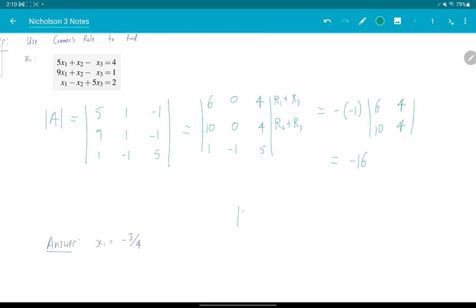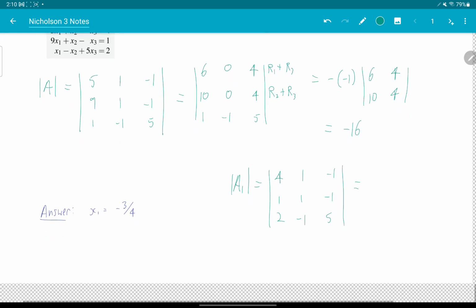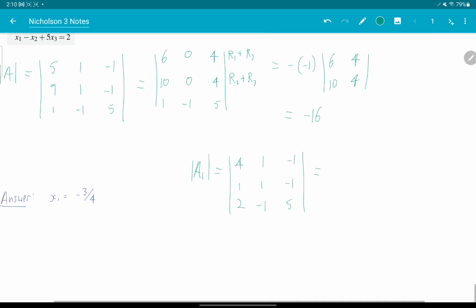And then my A1 is the first column replaced with my B. The other two columns don't change. I'll do the same operations this time, creating zeros here using my -1 down there.